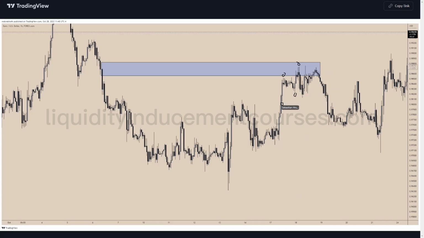All right. We sweep the external, all right? And then we sweep it again. So up to this point, we knew that we are in a supply that doesn't have enough liquidity. Of course, we are going to anticipate that this is an FBOS for us.